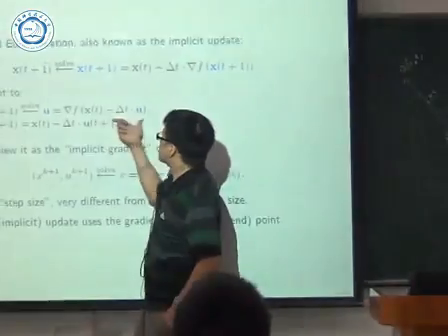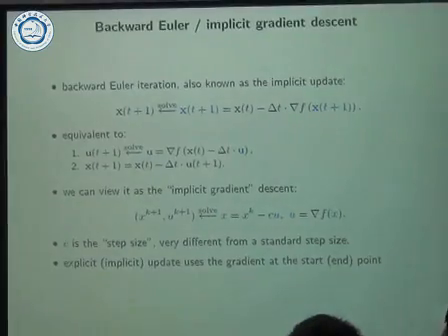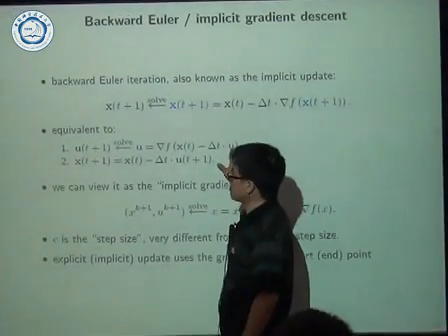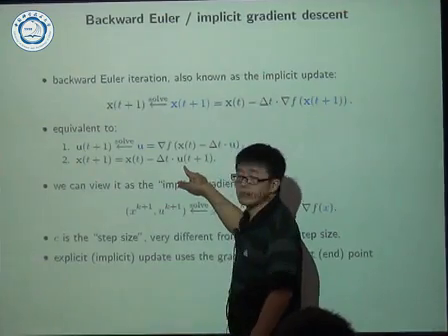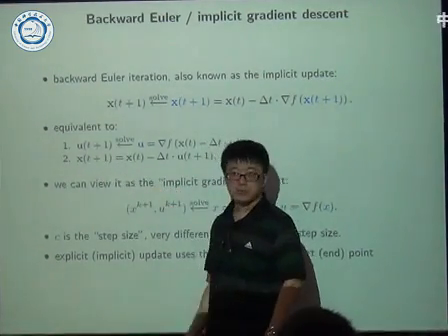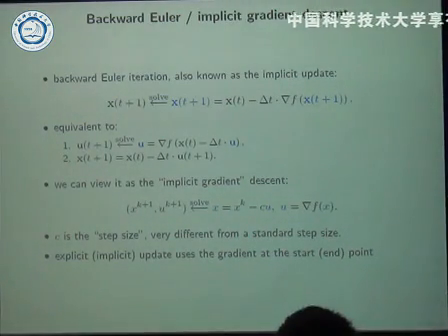So this is exactly the same as this equation, just a change of variable. But once you solve for the next gradient, the future gradient, you put it back, you get this gradient, you put it back and do the actual step. The same thing.